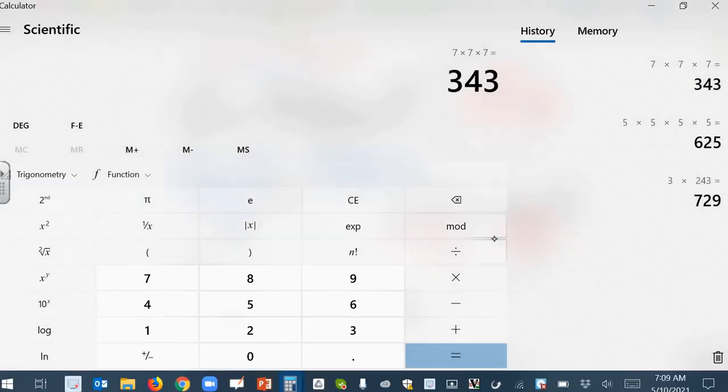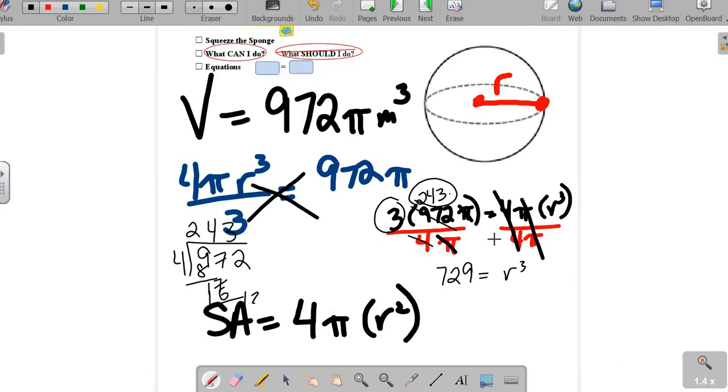Let's try 8. There you go. And then 9. We got 729. So our radius here, cube root, so you draw it like this with a little 3, cube root, r is 9.